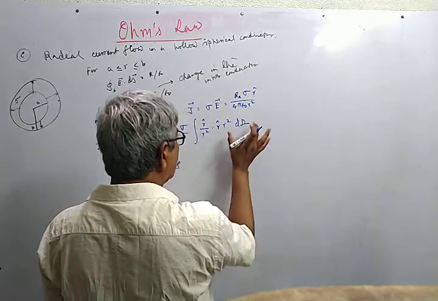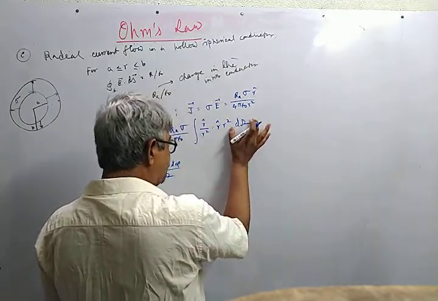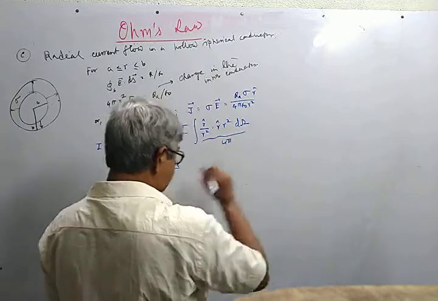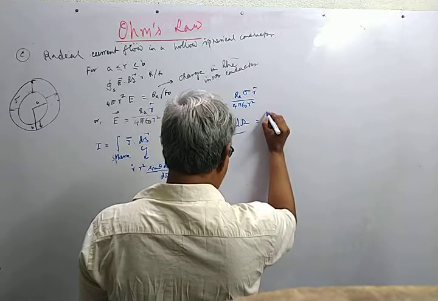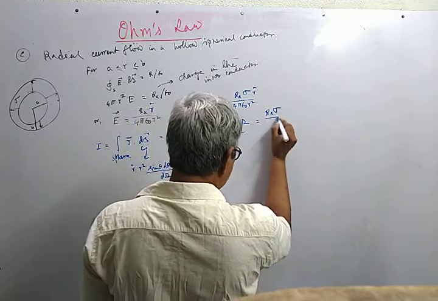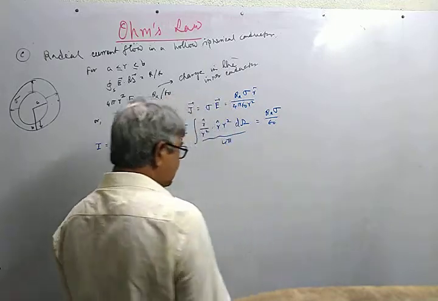So when you integrate it, it gives you 4 pi, which cancels out with the 4 pi of the denominator. So this is QA sigma upon epsilon 0.